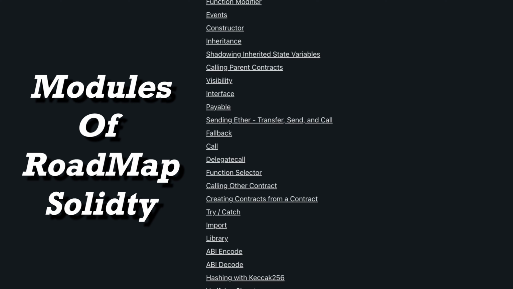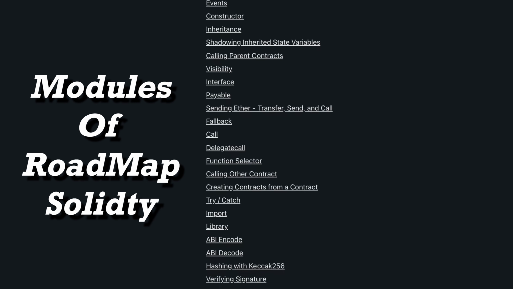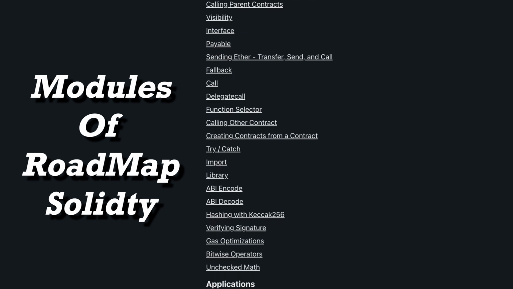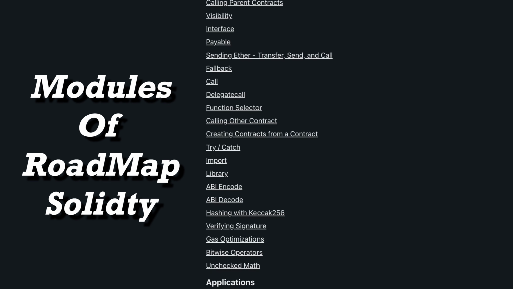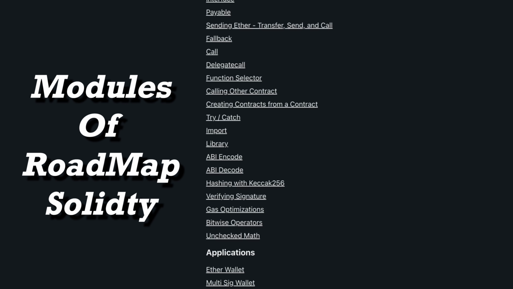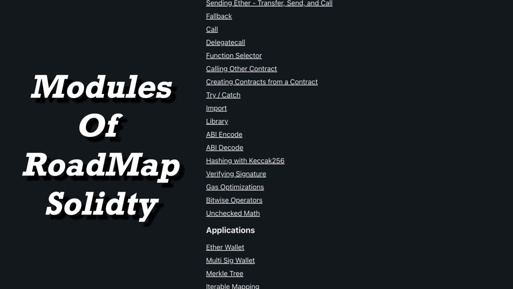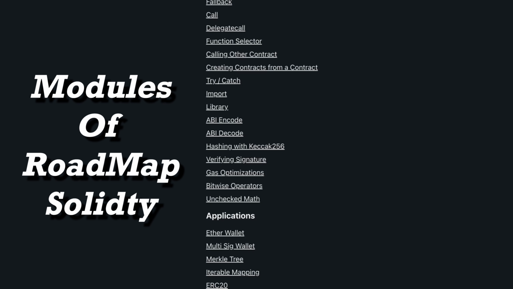Then we have fallback, receive, delegatecall, function selector, calling other contracts, creating a contract from a contract, try catch, import, library, ABI encode, ABI decode, hashing with the keccak256 algorithm, verifying signatures, optimizing gas, bitwise operators and unchecked math.